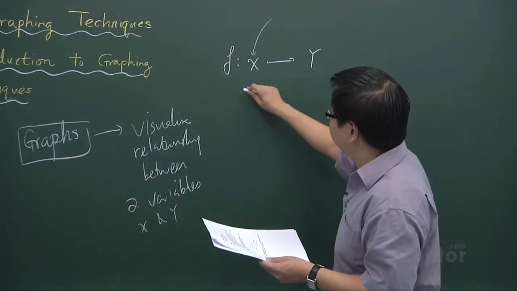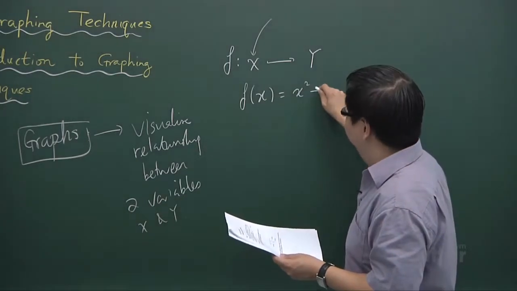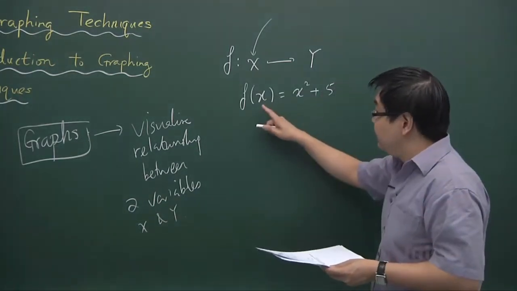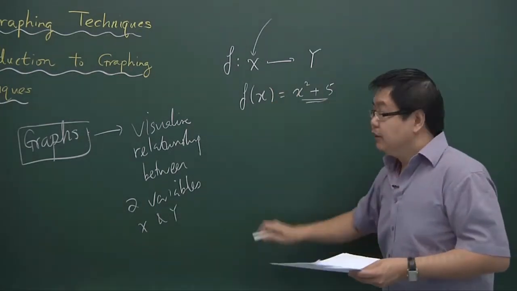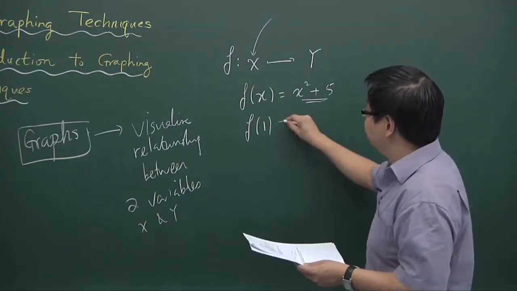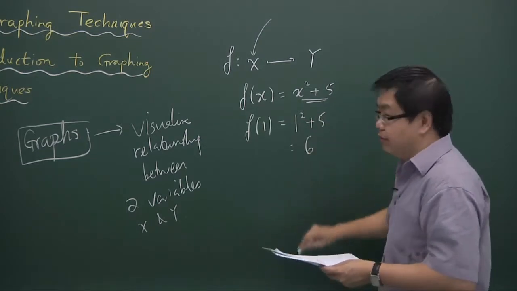Let's take, for example, a simple example. Suppose f(x) is x squared plus 5. So this actually relates the x value to this so-called y value. So for example, it maps the value 1 to the value 1 squared plus 5, so that gives you 6.